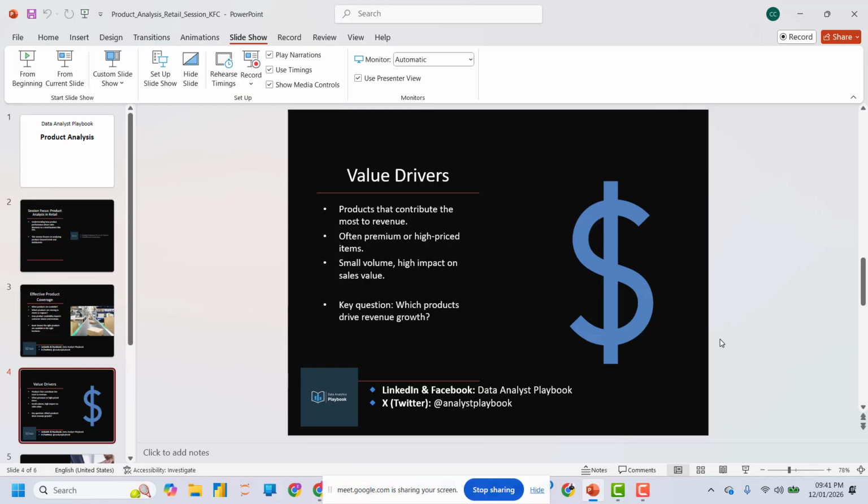So the quick key question there is, which product drives revenue growth? You need to identify them. It is important that as a data analyst in the retail sector, you identify these key products faster so that it will enable you to scale higher, and you would also push them because it improves your revenue.